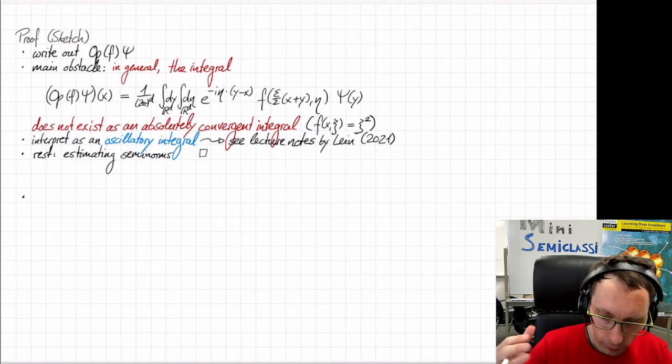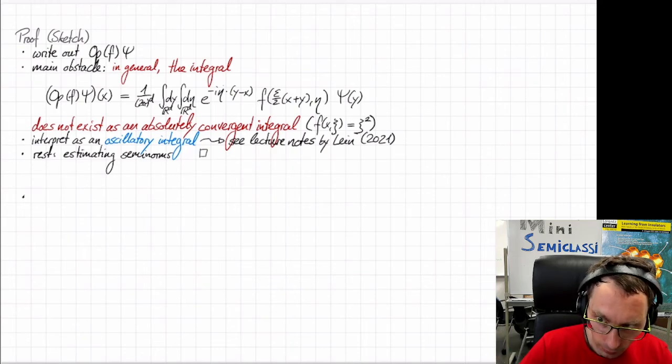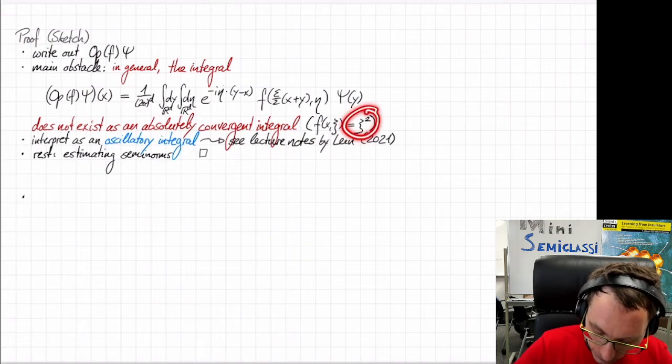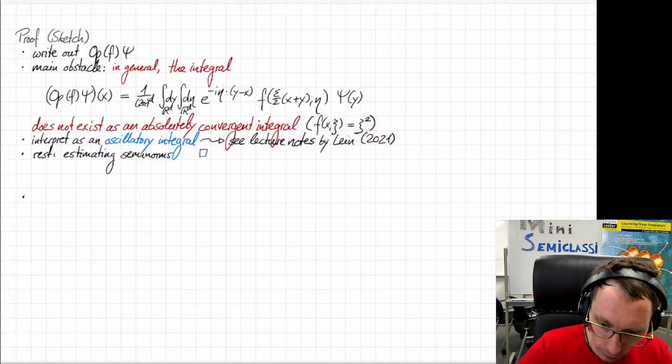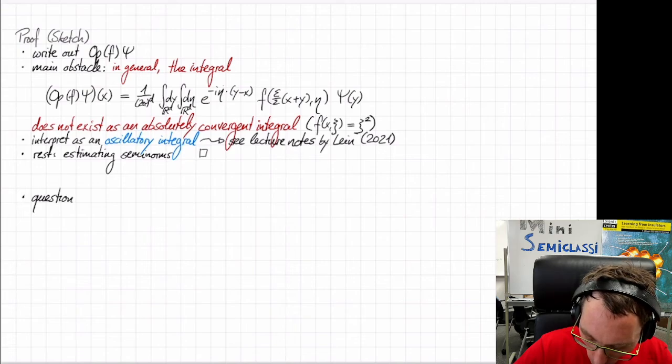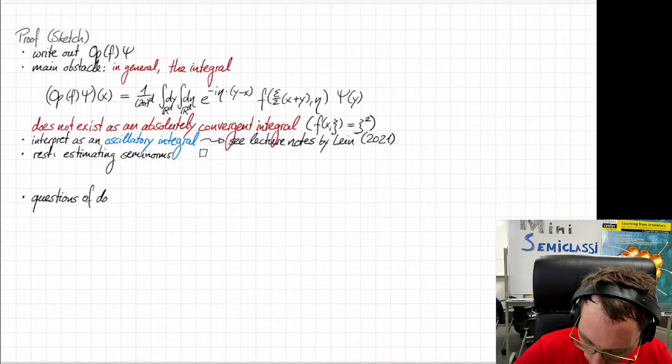And let me just add a comment. If we're talking about functions like psi squared, unbounded functions that give rise to unbounded operators, questions of domains have of course been studied.